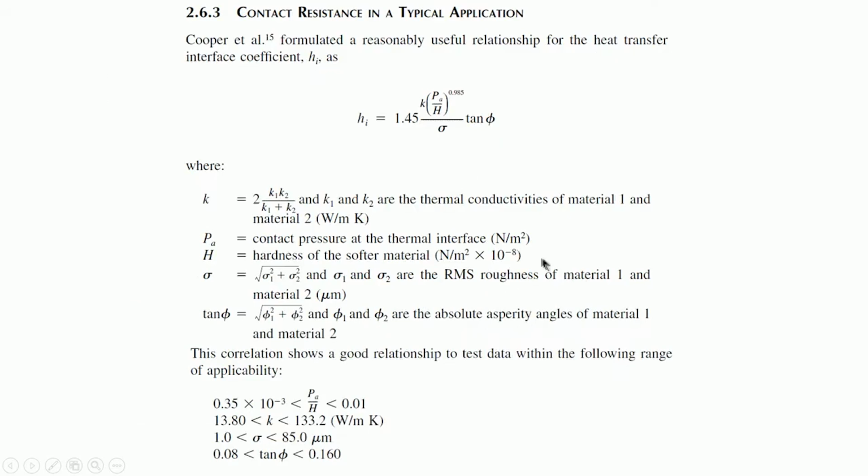So, we have the asperity angles, which show a good relationship to test data within the following range. So, when I know this pressure by hardness of the material is less than 0.1, and when K is between 13 and 133, when the roughness value is within this, and then tan phi is very shallow.